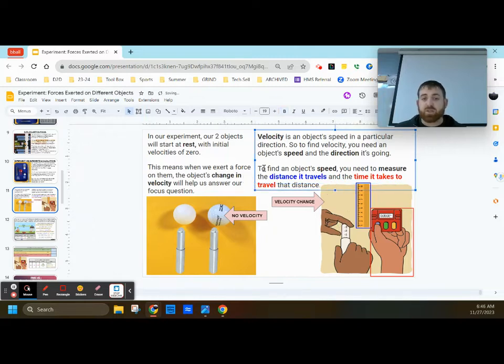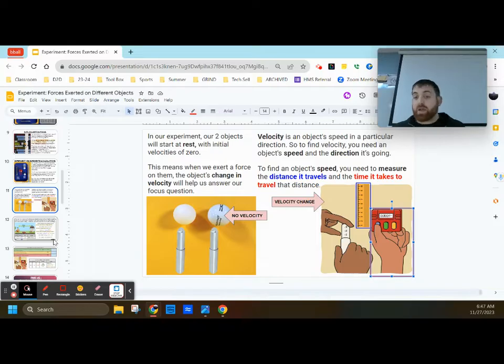So to find an object's speed, you're going to need to measure the distance it traveled. So that will be where we use our meter stick to measure its distance and the time it takes to travel that distance. So that's where the timer will come in, where you're going to be timing how far or how long it takes to go the length of a meter stick.